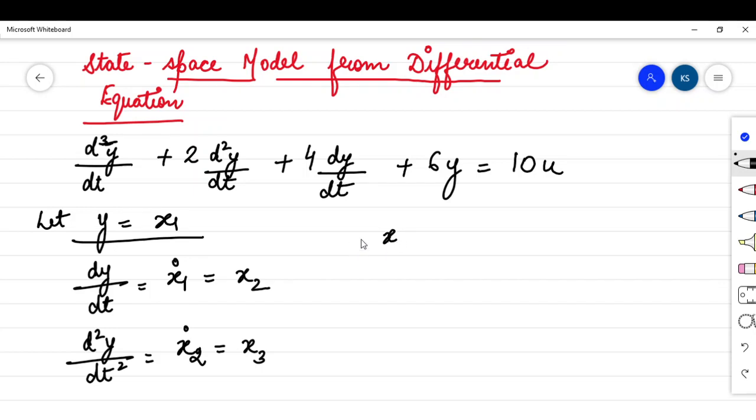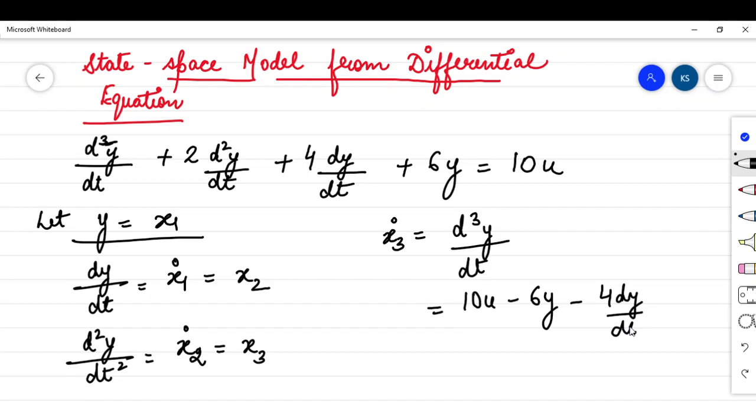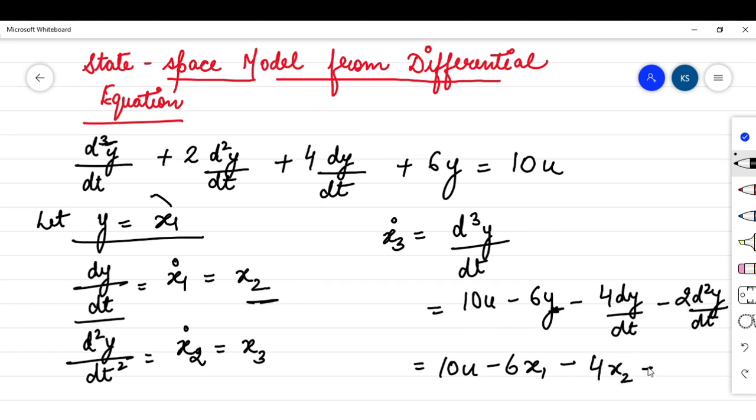and x3 dot is equal to d3y by dt3, which can be written from this equation as 10u minus 6y minus 4 dy by dt minus 2 d2y by dt2. Y we have assumed as x1, so we replace y with x1, giving minus 6x1. dy by dt we have taken as x2, so it is minus 4 into x2. d2y by dt2 is equal to x3, so we write it as x3.